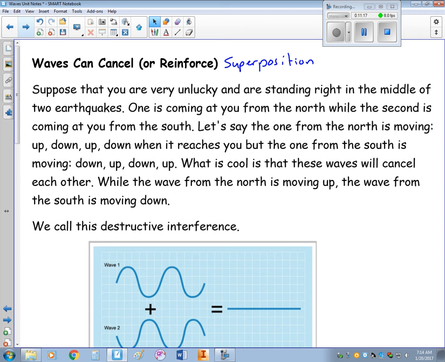What's kind of cool about this is that these two waves will cancel each other out. The up from the first wave will overlap with the down from the second wave, and that'll cancel out. The down and the up will overlap, canceling out. And then the up and the down will overlap and cancel out.